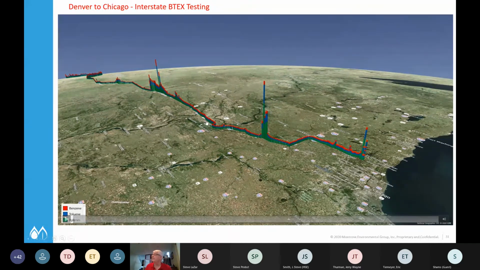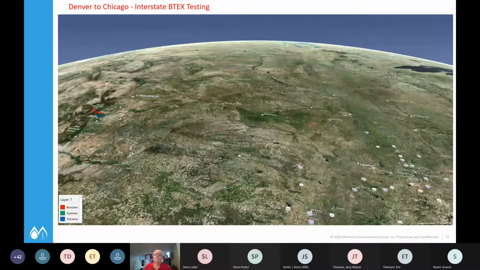But if you look at this set here, this is a huge interchange and truck stop. And here, this is the largest truck stop in the United States. This is the I-80 truck plaza in Iowa. So you would expect high emissions there, and you did indeed see them.